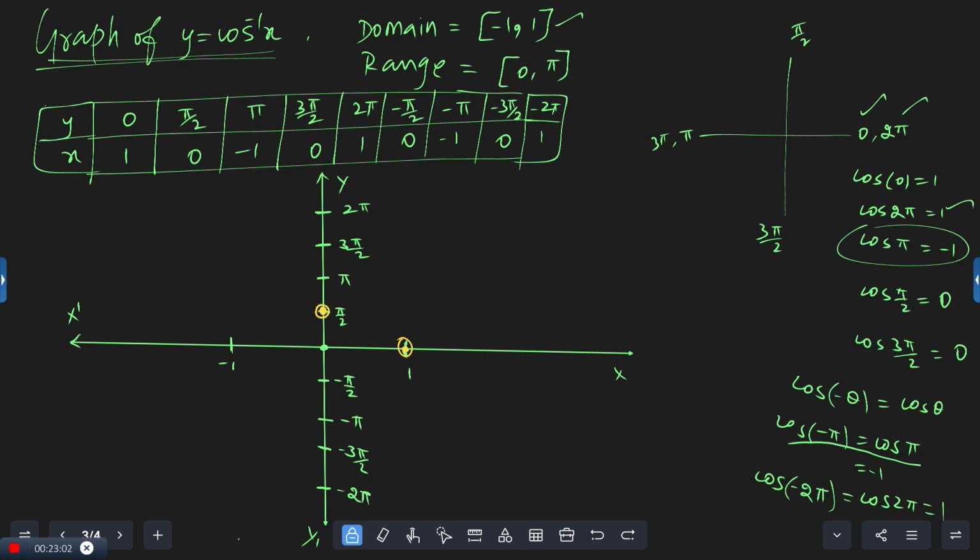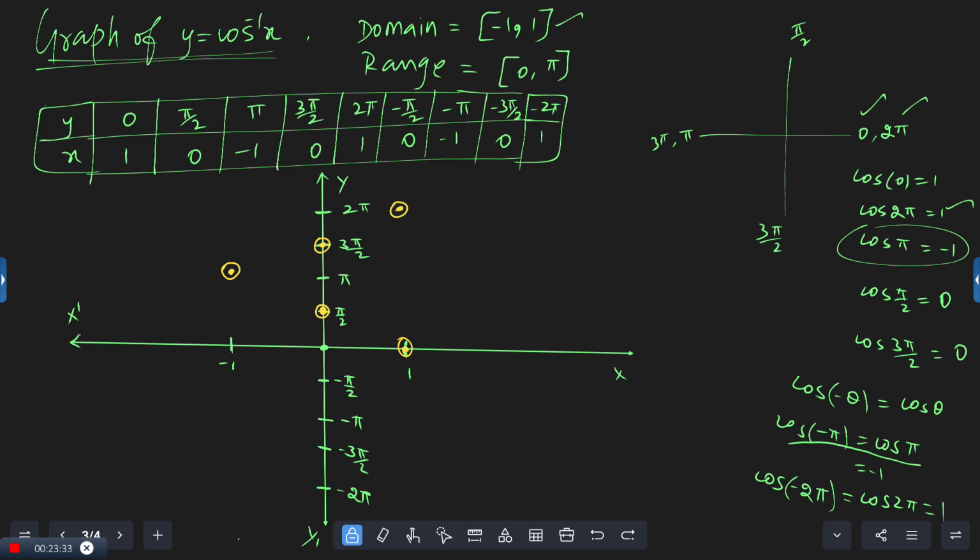At pi, the x value is minus 1 and the y value is plus pi, so it will be here. Understand? Next, y value 3 pi by 2, x value 0, on the axis again. And y value 2 pi, x value plus 1, it will be here.